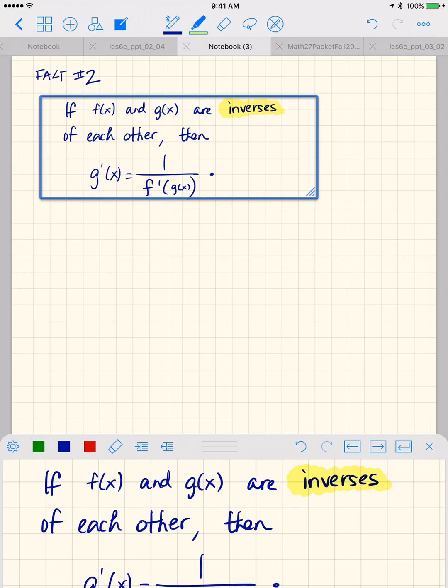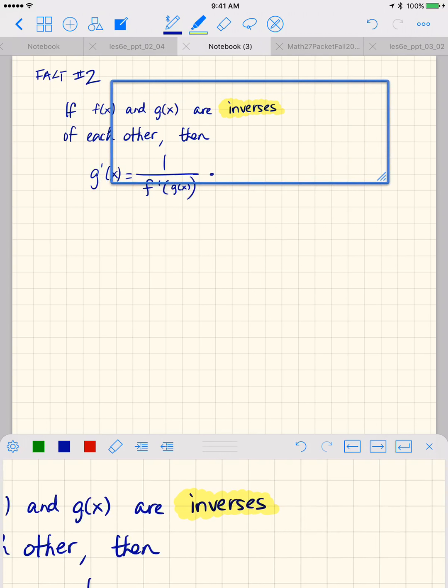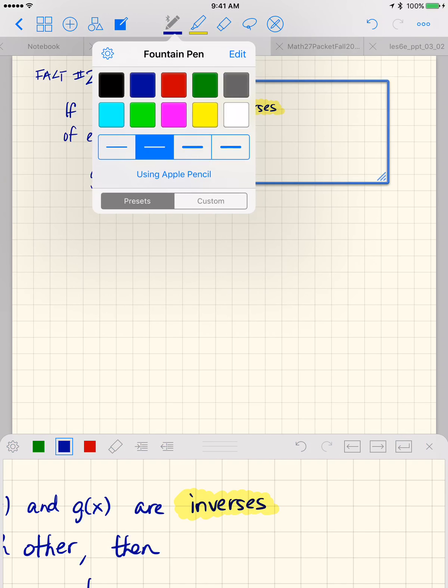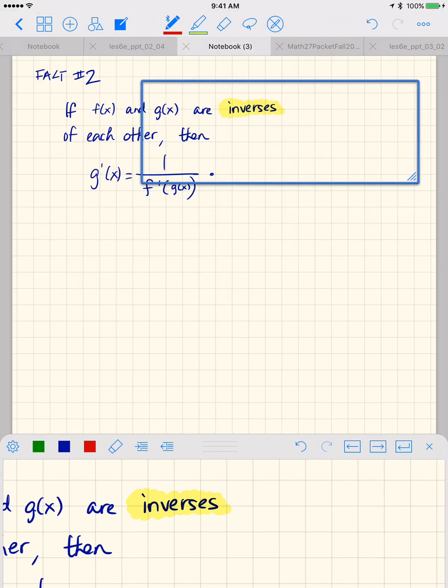We talked about this in the first 2 weeks of class, during our review. So let's go and look at this now. Remember, f and g are inverses of each other if f of g of x is equal to x, or g of f of x is equal to x.